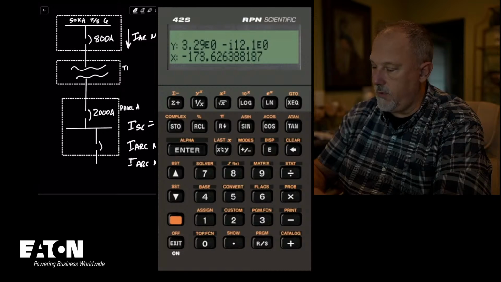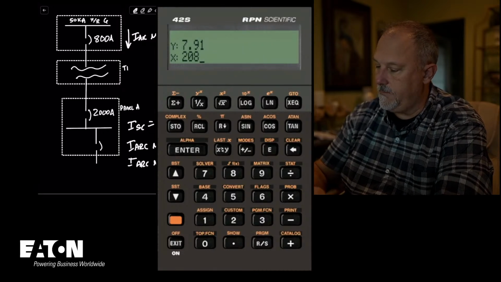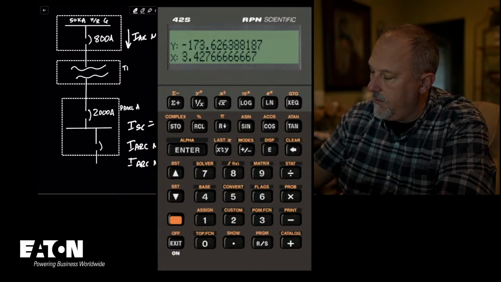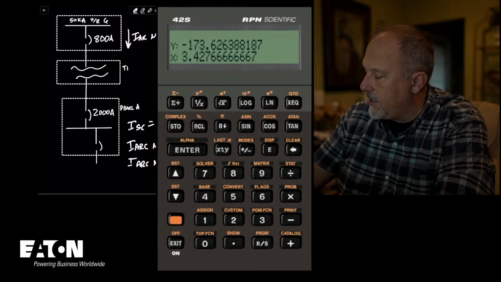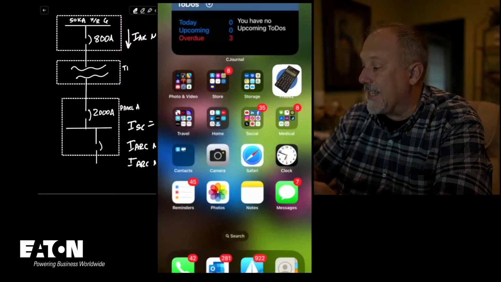That is 3.43 kiloamps. That is my arcing current. So that's my minimum arcing current.